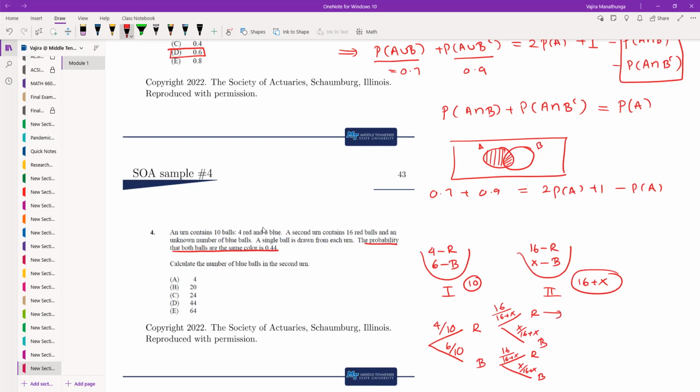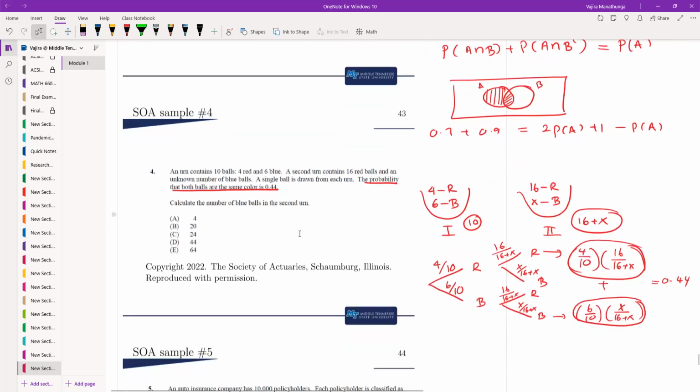So that probability is 4 over 10 times 16 over 16 plus X, plus blue, blue, which is 6 over 10 times X over 16 plus X. Now, when you add these two numbers, that is equal to 0.44. So your task is to solve that equation and get the X value.